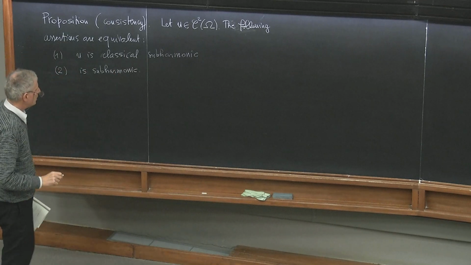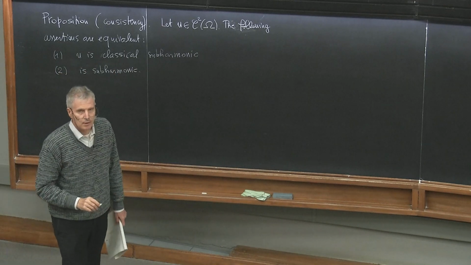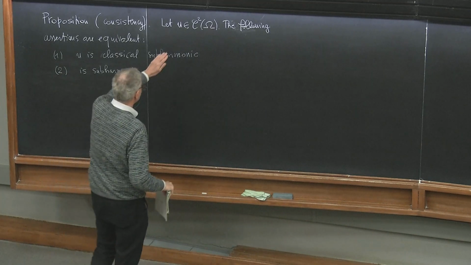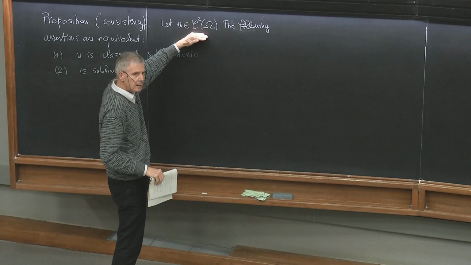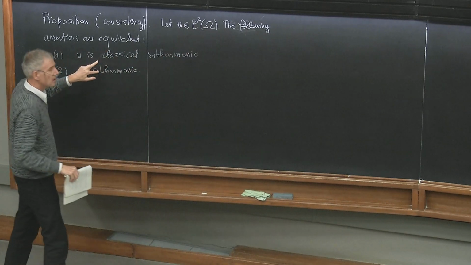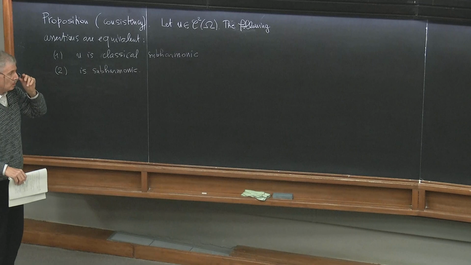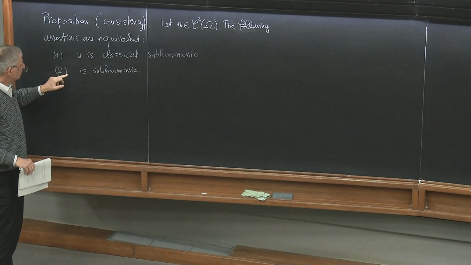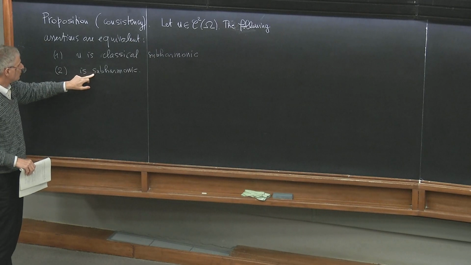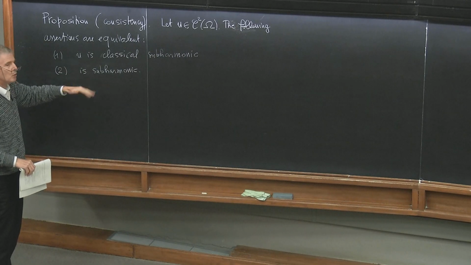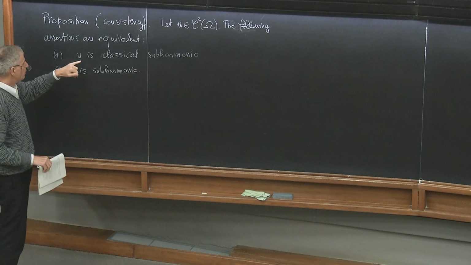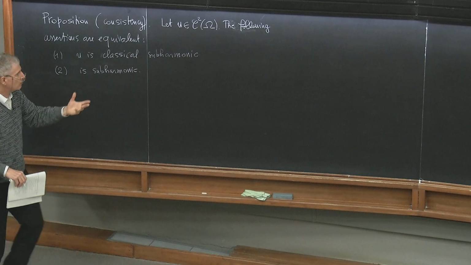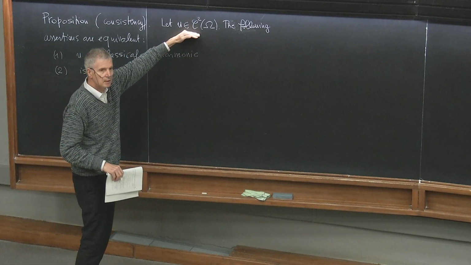So in which sense I'm calling this consistency? Because it says that as soon as we have enough regularity, then these two concepts are the same. It means that this second property is more general than the first one, but it is consistent with it as soon as we have enough regularity.